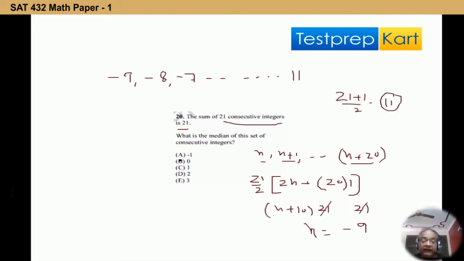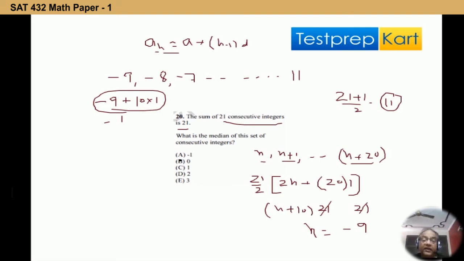So what is the 11th number? The 11th number in this sequence will be minus 9 plus 10d. 10d is 10, so that is equal to 1. Here I have used the formula that the nth term of an arithmetic sequence or arithmetic progression is a plus n minus 1 into d.